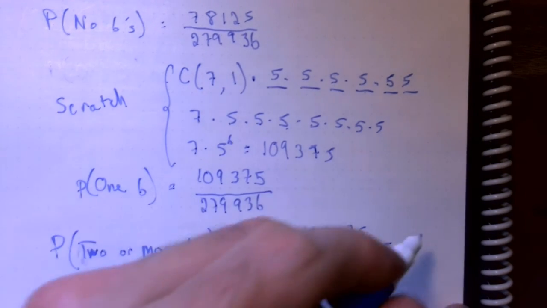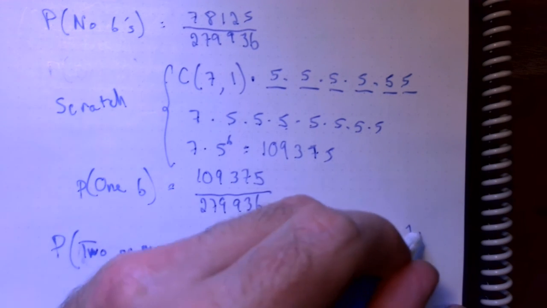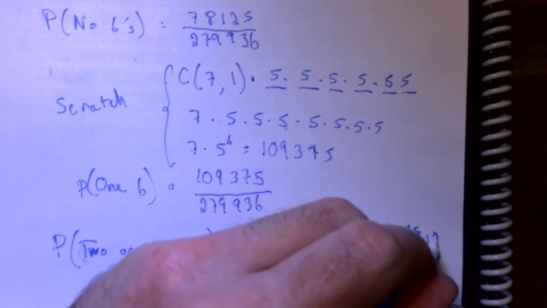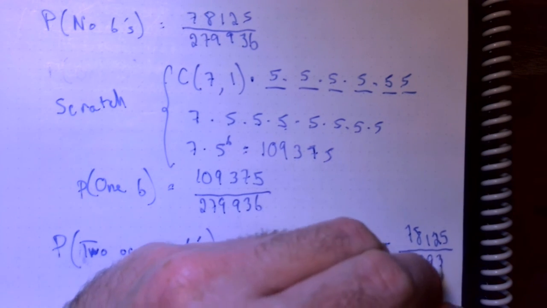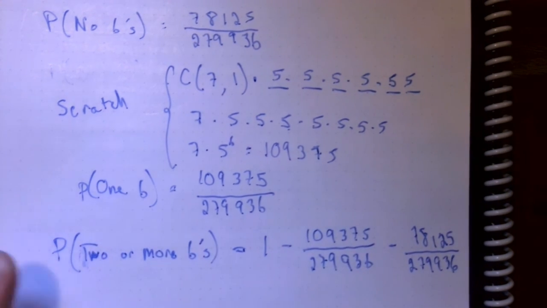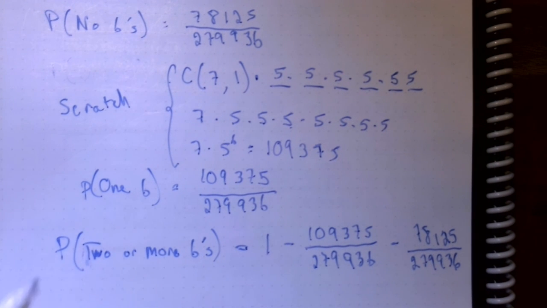And we also have to take away the possibility that you don't get any at all. Okay. And we could do that computation, and that will tell us the probability of getting at least 2 6s. So that's a more complicated example of the complement rule, but we're still using the complement rule.